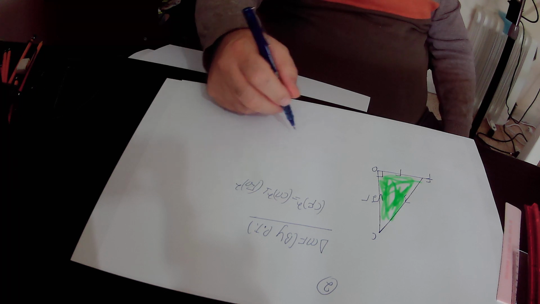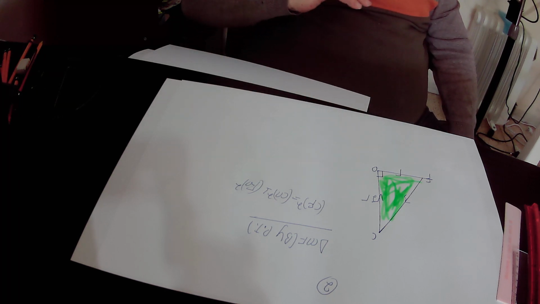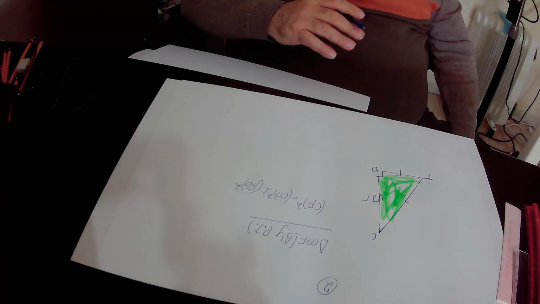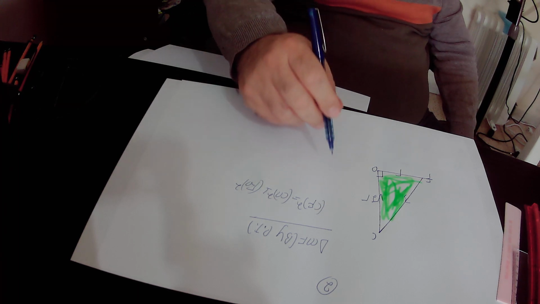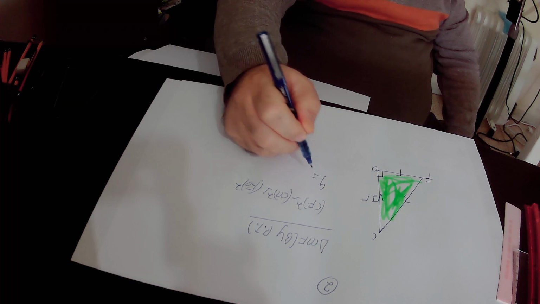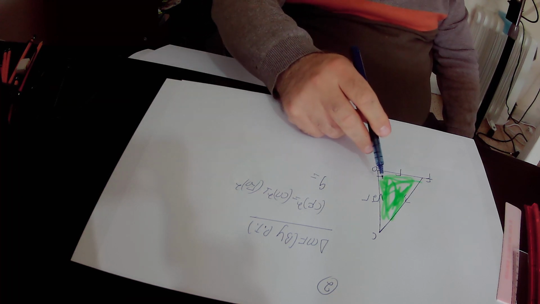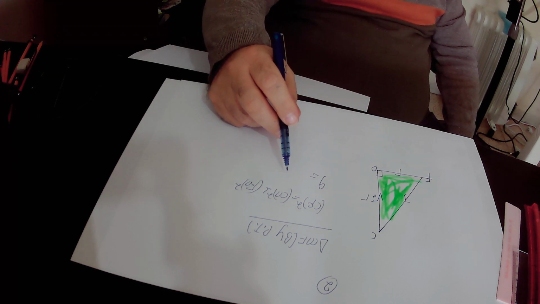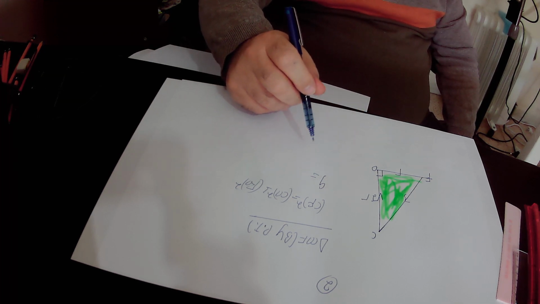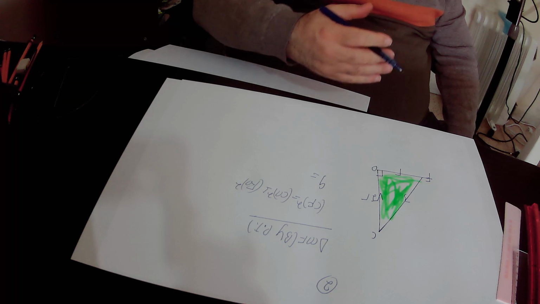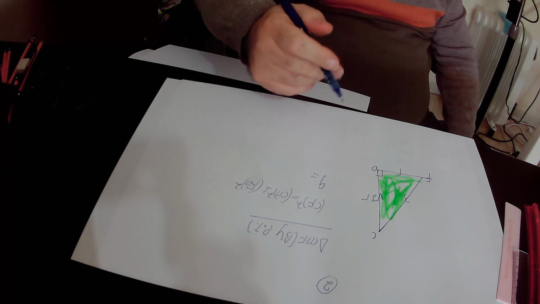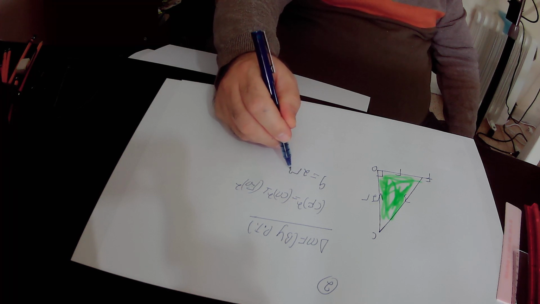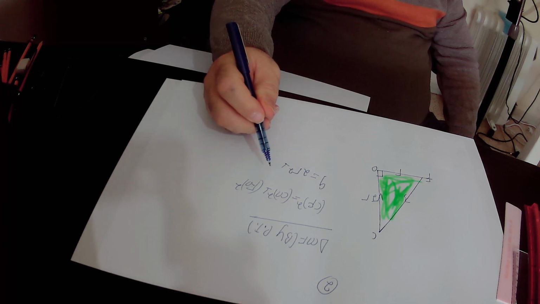Here the hypotenuse CF equals 3 units, therefore CF squared is 3 squared, that is 9, and it is equal to CO squared. CO equals square root of 2 r, therefore CO squared is the square root of 2r squared, that is 2 r squared, plus FO squared.